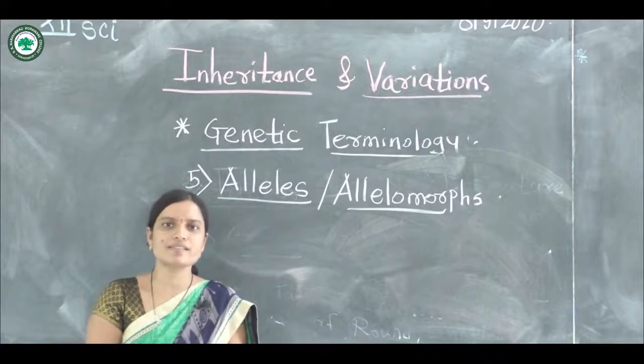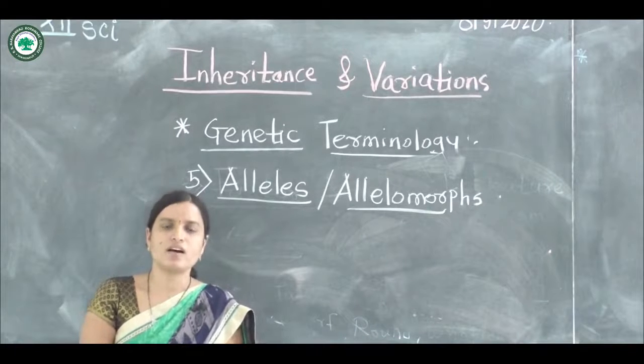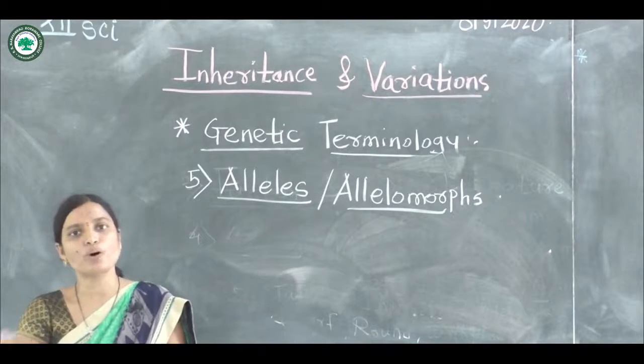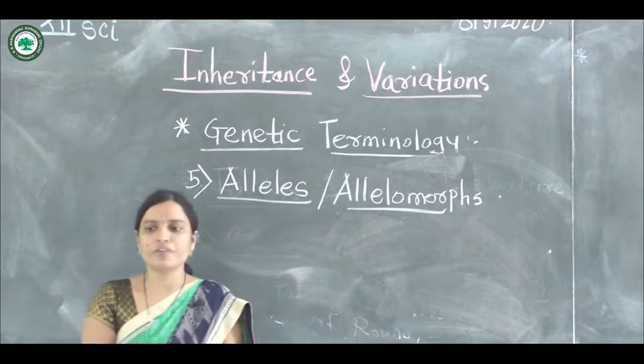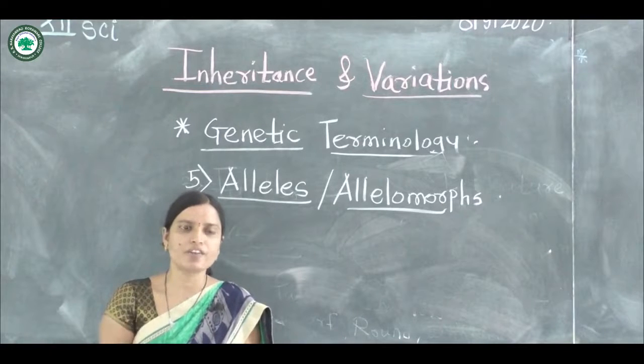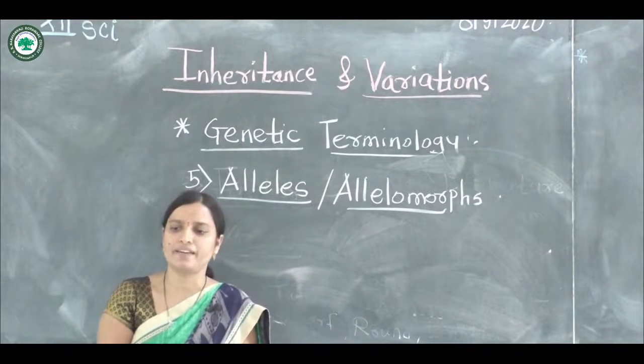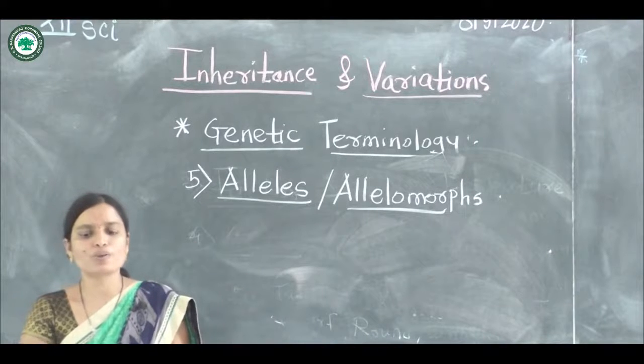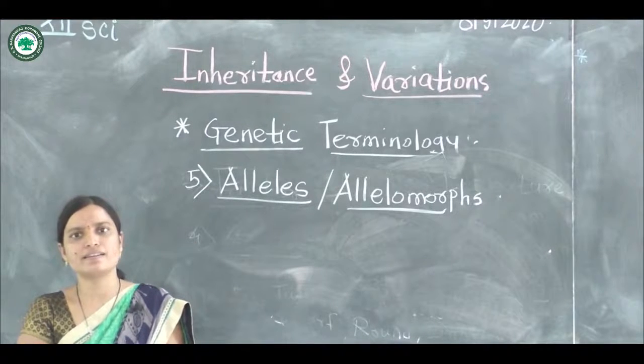Alleles is a short form of allelomorphs. They occupy specific loci on homologous chromosomes. It is known as alleles.